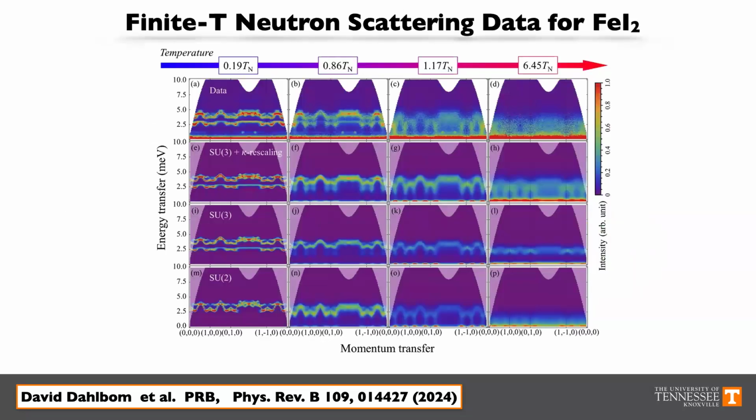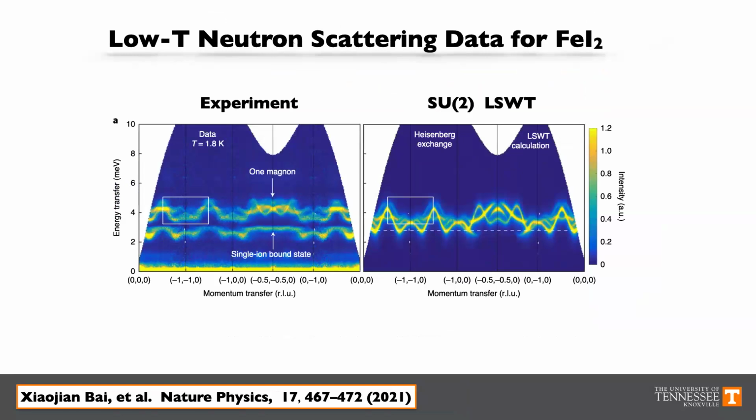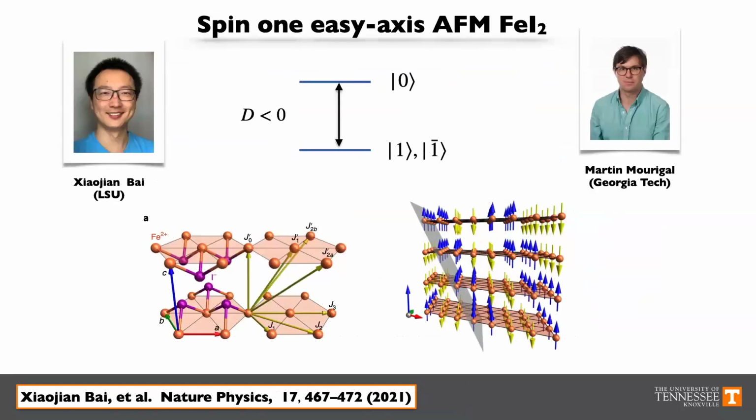to SU(3) than SU(2)? Well, because, for instance, in the single ion physics, even in the high temperature limit, you have this splitting. Let's say the high temperature limit is single ion physics, you will still see this mode, right? The transitions between the doublet and the singlet is something that you will not capture in SU(2).